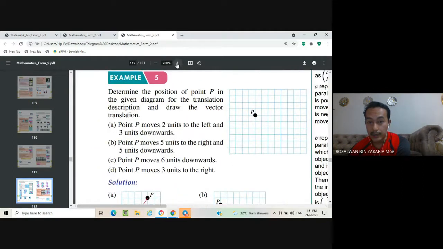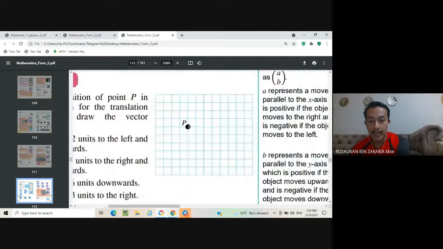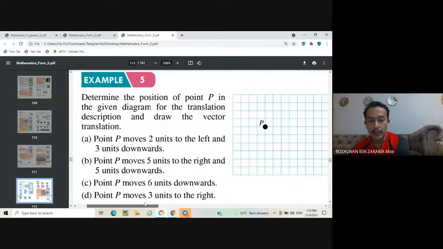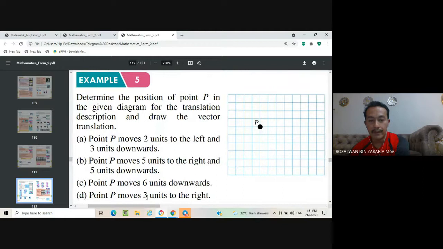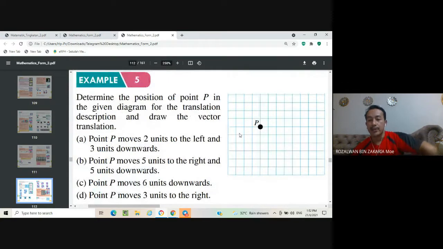Okay, wait, I'll show you. Point P moves 2 units to the left and 3 units downward. So starting here, 2 units to the left: 1, 2.